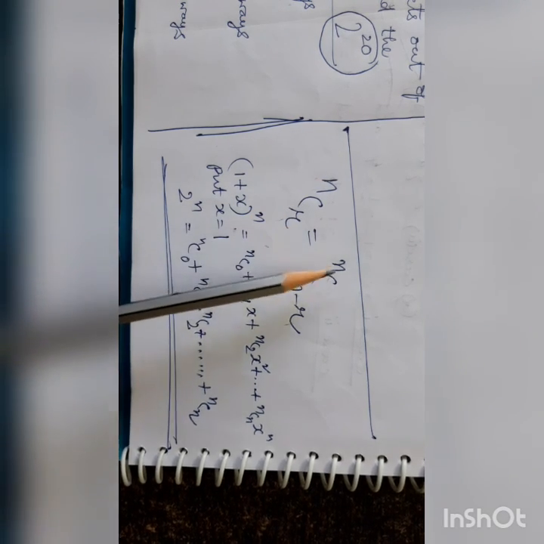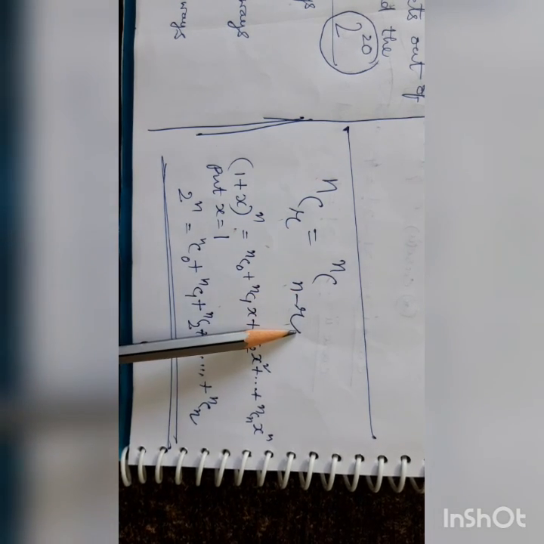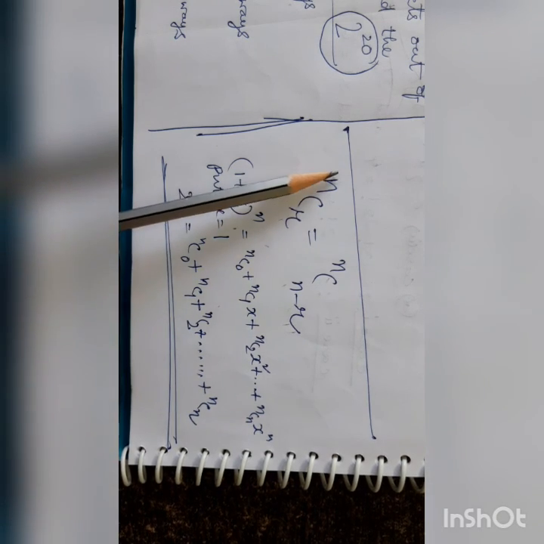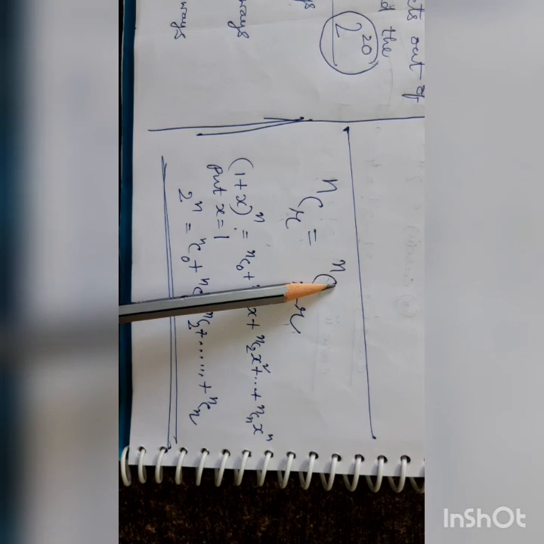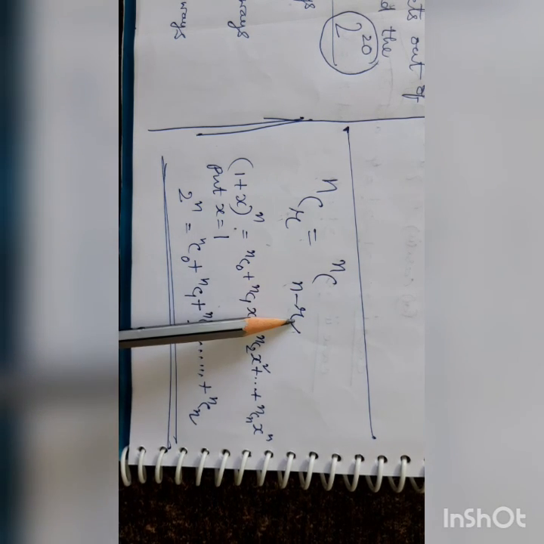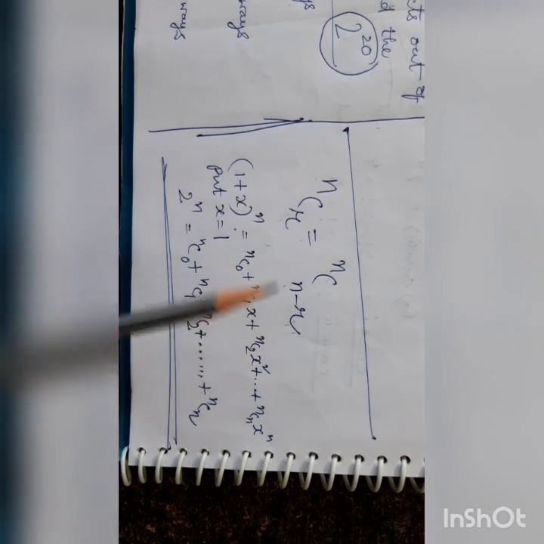So 7C5 equals 7C(7 minus 5), that is 7C2.